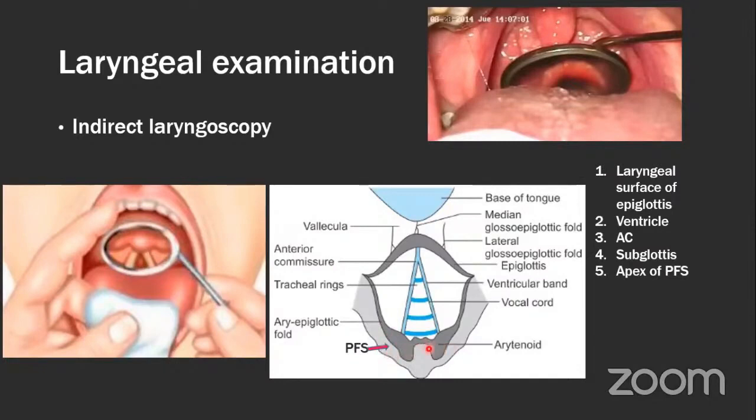And the interarytenoid area and the post-cricoid area are again not seen with an indirect laryngoscopy. So you can see the base of tongue, the median and lateral glossoepiglottic folds and the lingual surface of the epiglottis. Then on tilting, you see the aryepiglottic fold, arytenoid, upper part of the piriform fossa, false cord and the true cord. And sometimes you can see the tracheal rings also in between the vocal cords. So these are the structures.